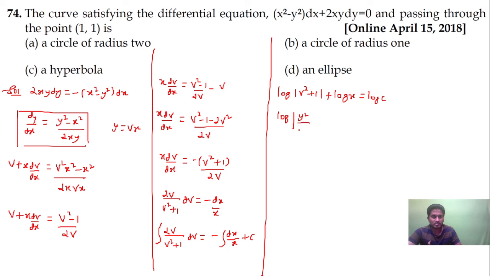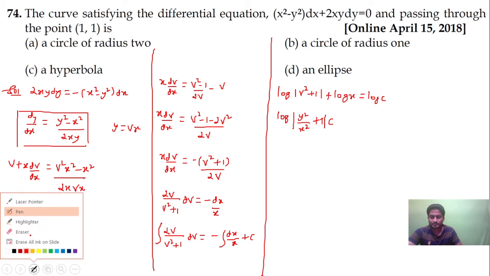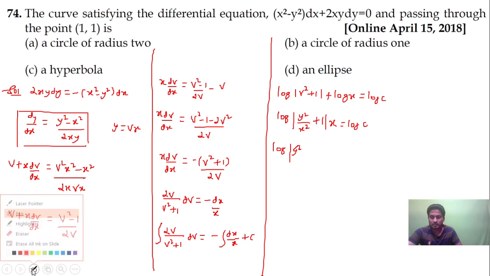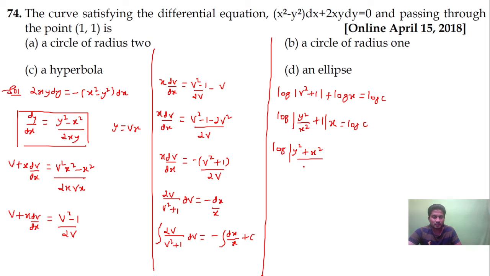So v is y by x, so (y by x square plus 1) into x is equal to log c. Log m plus log n is log m into n. So this is equal to log of, if I cross multiply, (y square plus x square) divided by x square into x is equal to log c.